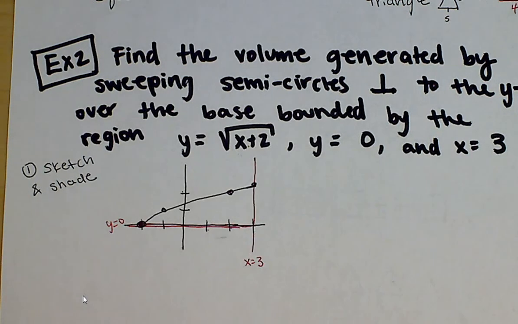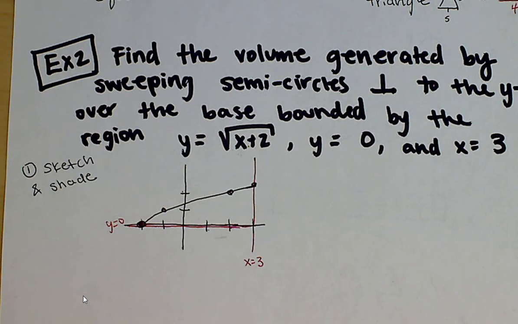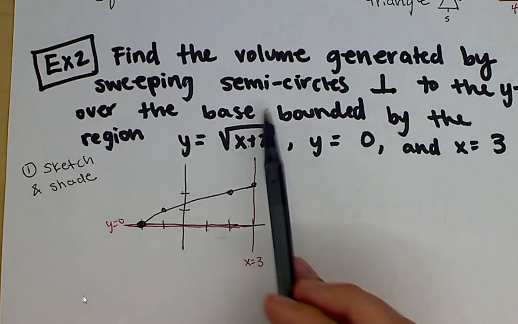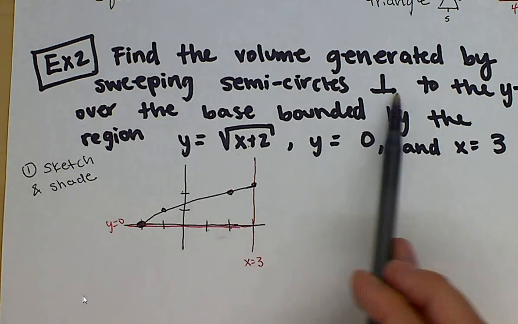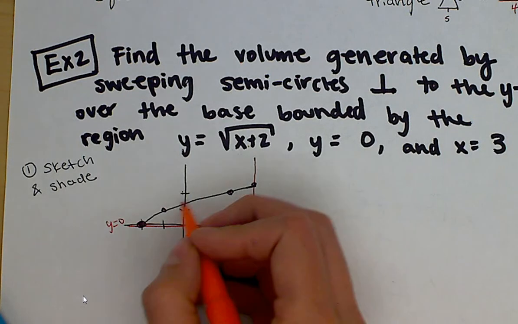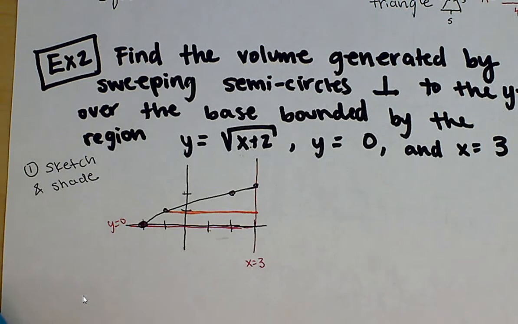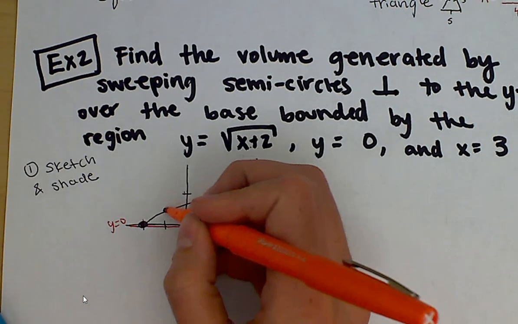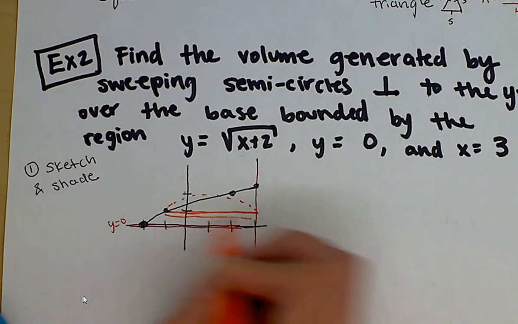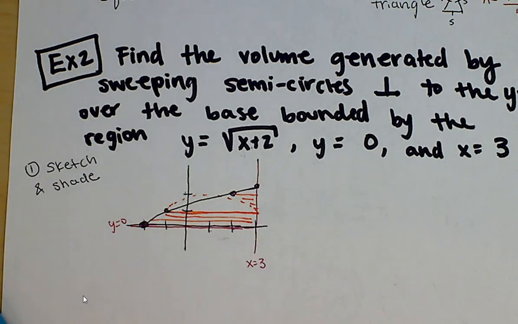So there's my region. Since I'm doing semicircles perpendicular to the y-axis, this one is actually going to be a problem like this. So this is going to be a dy problem, where my semicircles go up like that. So if we shade it, we should shade it with horizontal lines, kind of like that.